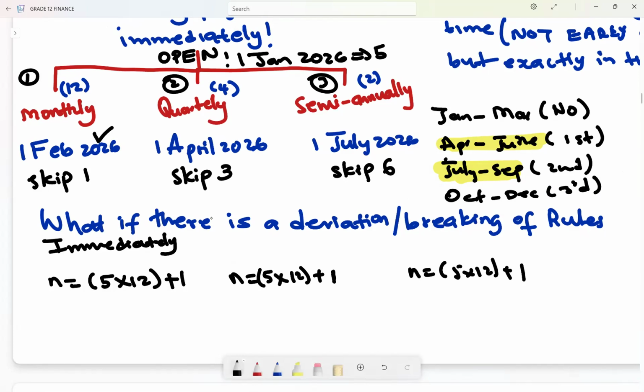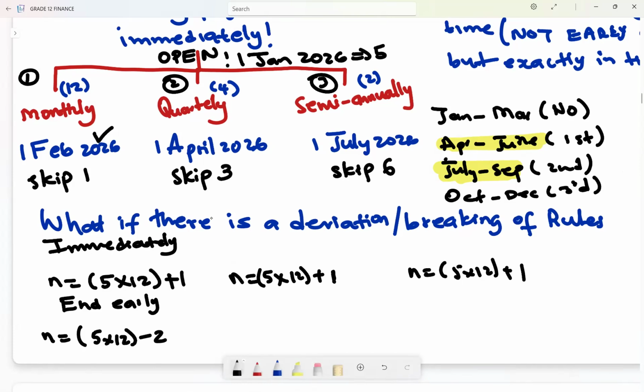What if now you end early? When you end early, let's say the first condition, you end 2 months early. It's going to be 5 multiplied by 12 minus 2.